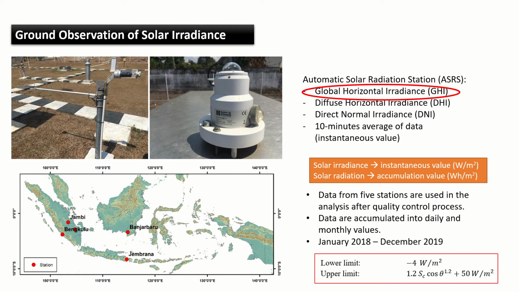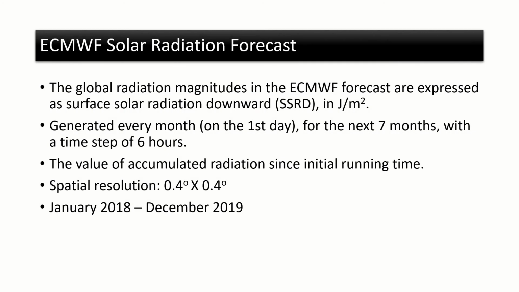And before using the data in the analysis, we applied a few quality control procedures to make sure the quality of the data. And here we use the data from January 2018 to December 2019. So for the ECMWF solar radiation forecast, as I mentioned earlier, the product that we use is the surface solar radiation downward, and it is in joule per meter square.